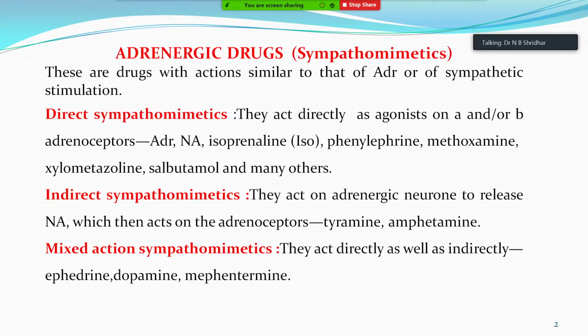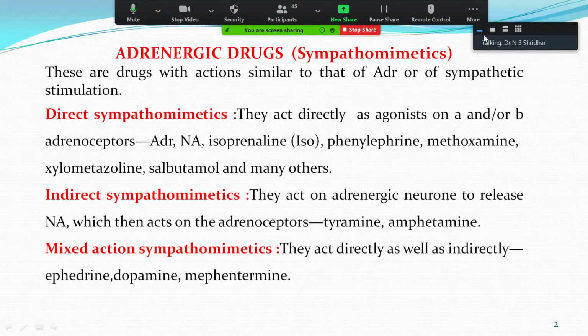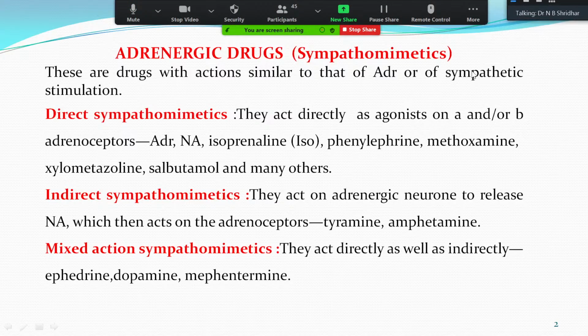Ephedrine is a bronchodilator, dopamine is a neurotransmitter, and mephentermine is another drug. So please remember all these drugs as a prototype of each class so that you can remember them for academic purposes.